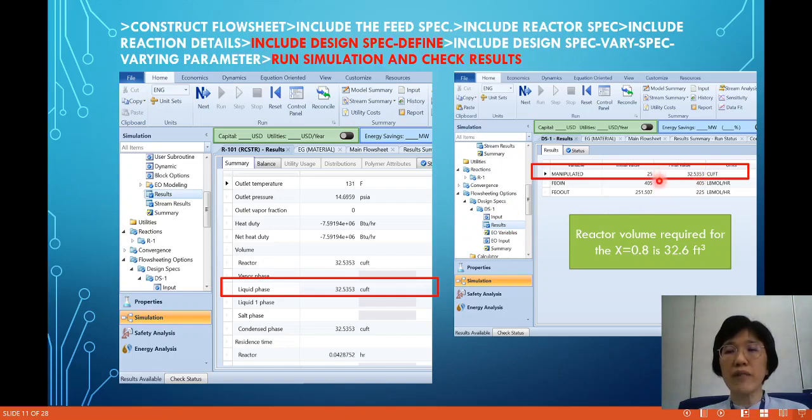Initially, the volume is 25 feet cube, but after the design spec, the volume required to achieve 80% conversion is 32.6 feet cube. So I think with this we have answered the exercise 3.6.